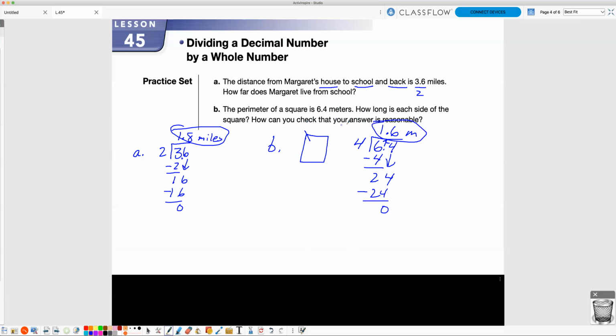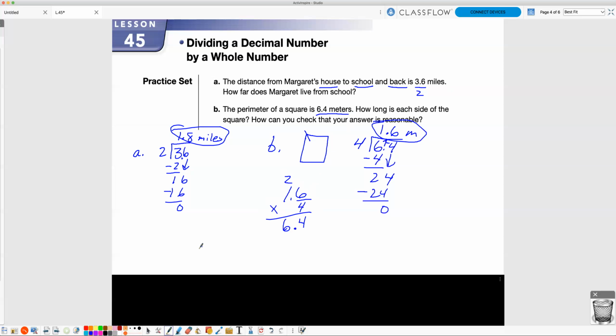And how can you check that your answer is reasonable? You could multiply this 1 6/10 times 4 to see if it equals this 6 4/10. So this would be 24. This would be 4 plus 2 makes 6, and then we'd count the decimal, and it'd be 6 4/10 meters.